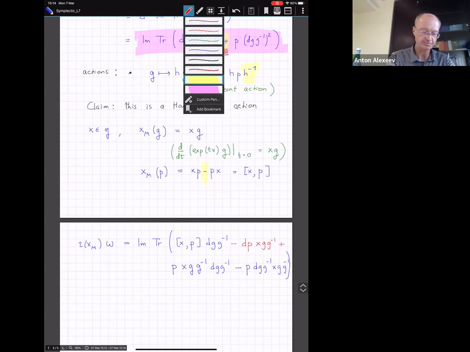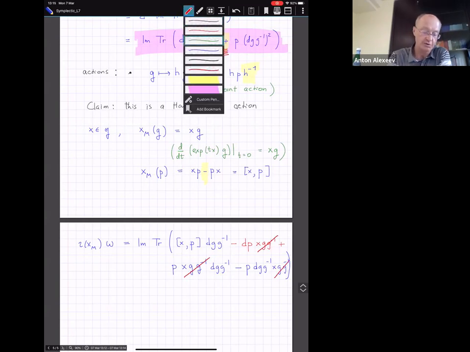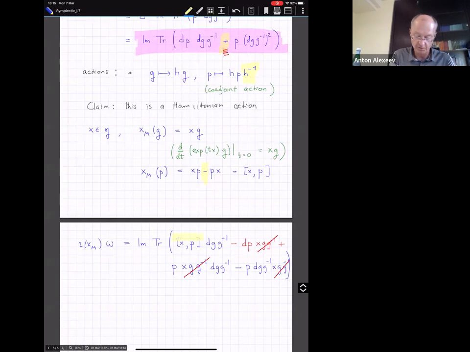Now, what about cancellations? Of course we see that here gg minus 1, gg minus 1, gg minus 1 cancel out. And now observe that this term is exactly compensated by these two terms. Under the trace, we can commute things, and so they just exactly cancel each other.